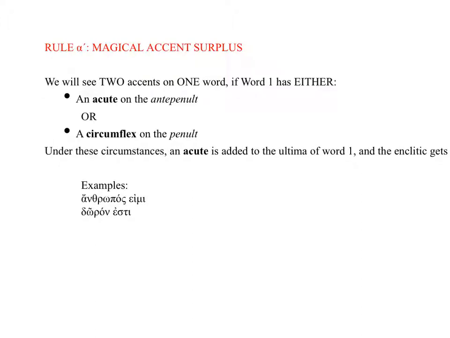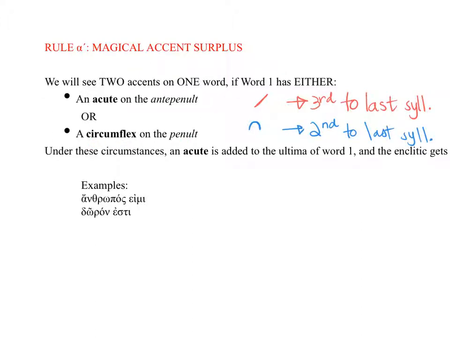So we will see two accents on one word if word one, and remember word one is the phrase that we're using to describe the word that comes before the enclitic, has either an acute on the antepenult, an acute on the third to last syllable, or a circumflex on the penult, the second to last syllable.